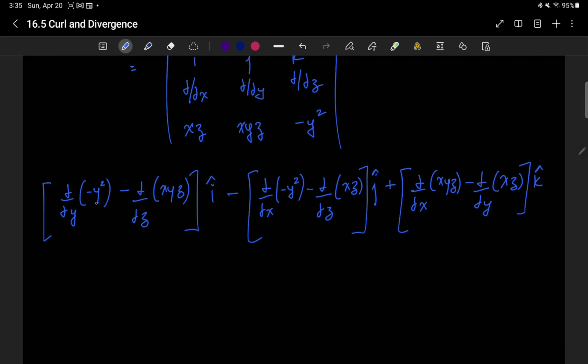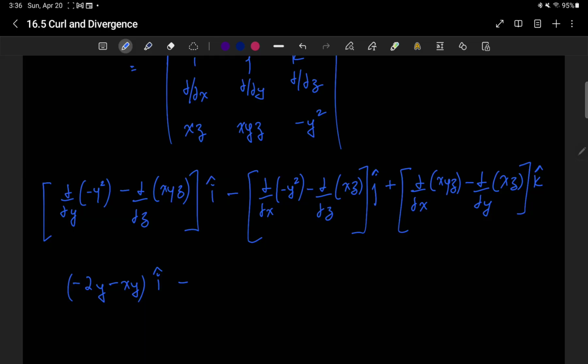Working this out, partial of this is negative 2y, partial with respect to z is xy. Sorry, that's a subtract here, so this should be negative 2y minus xy I cap.